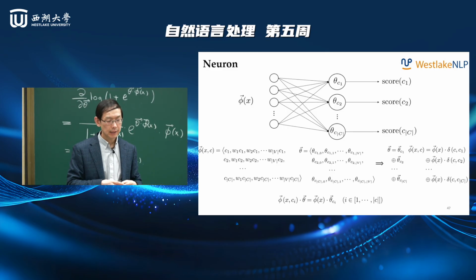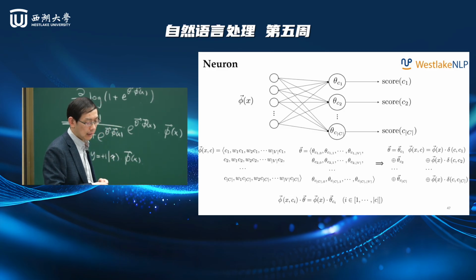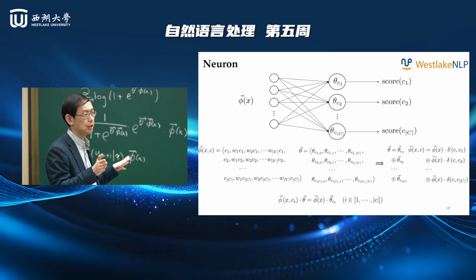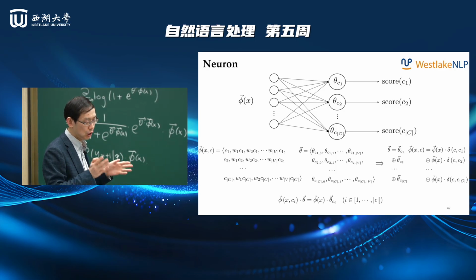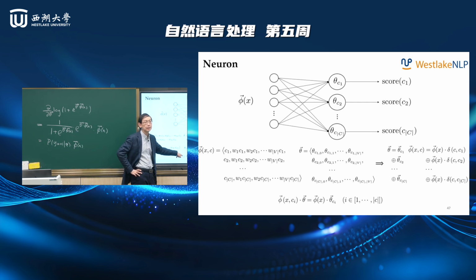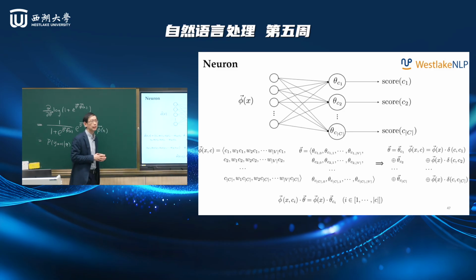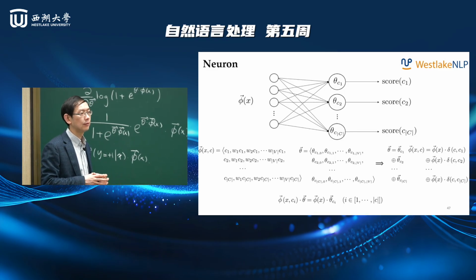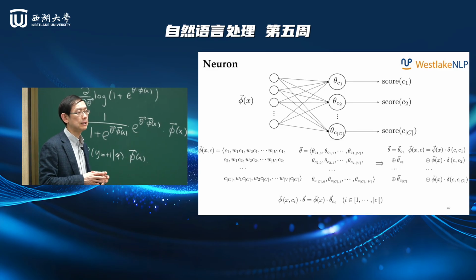Essentially, I cut my phi xc into C chunks, and I cut my theta into C chunks, and you can easily prove that phi xc times big theta is equal to phi x times the small theta of the c-th row, for every possible c value.